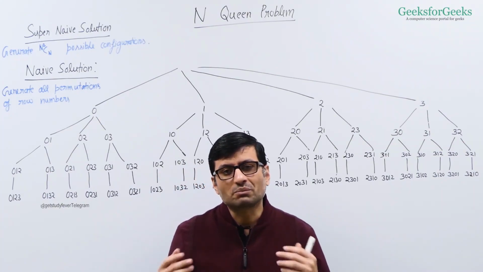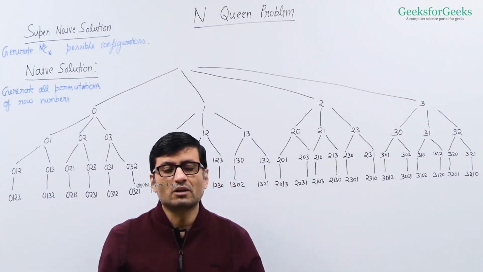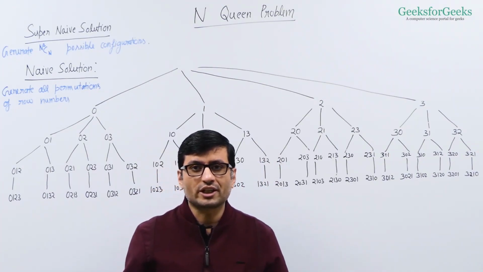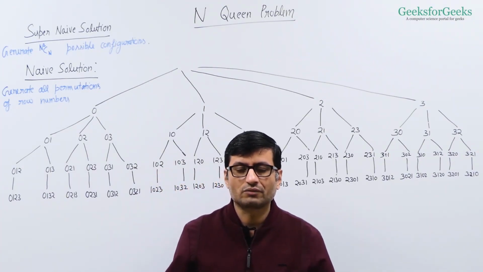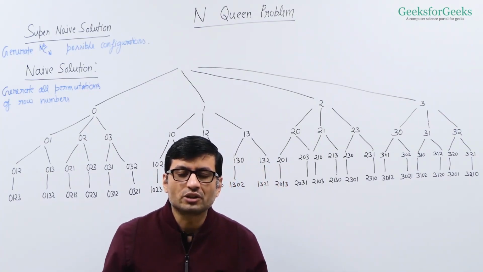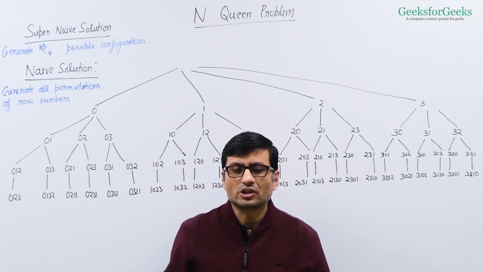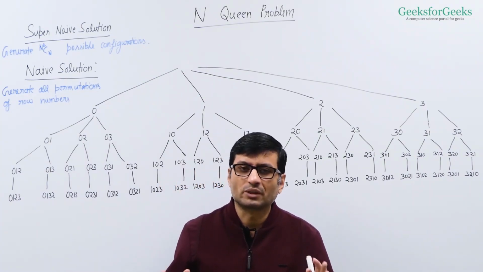So a super simple solution is to generate all the configurations one by one. For every configuration, check if it is valid or not, if the queens are attacking each other or not. And if you find a valid configuration, you return true at that moment and you print that particular configuration. This is a super naive solution, very expensive solution.